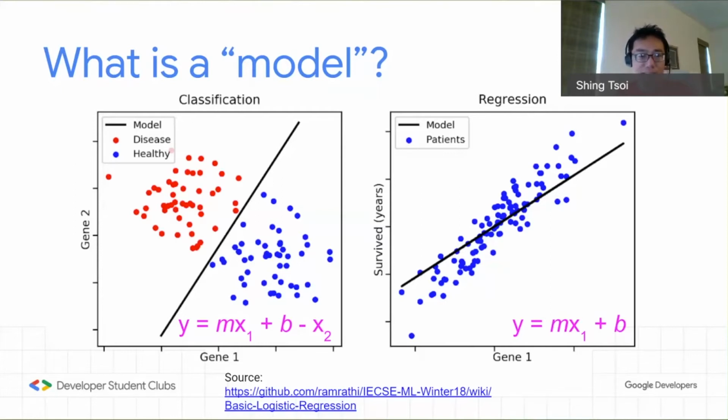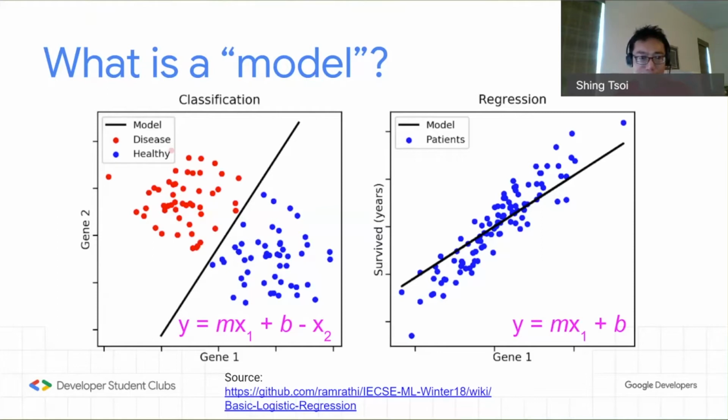If you use different values of m and b, which are the coefficients of this model, you get different lines. So training a model means finding the most appropriate coefficients, also called the model parameters, m and b in this case, so that the model can make the most accurate predictions for every existing data point, as well as for any new patients we want to make predictions on.